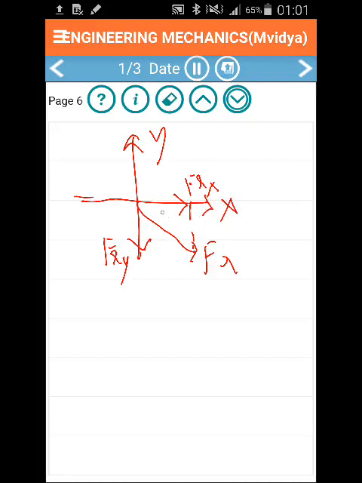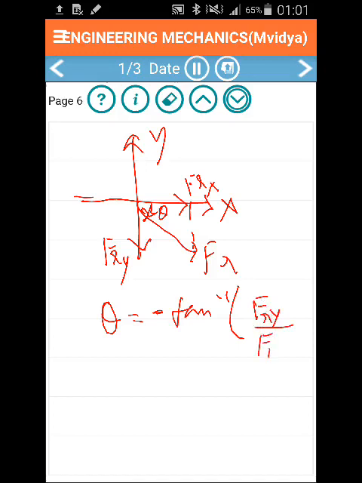So in this case, we can consider θ in the clockwise direction with the positive x-axis, or I can write it as minus θ. So θ is equal to minus of tan inverse FRy upon FRx. Depending on the numerical in the sum, we will come to know how to select the angle θ, depending on whether the x component is positive or negative, or the y component is positive or negative.